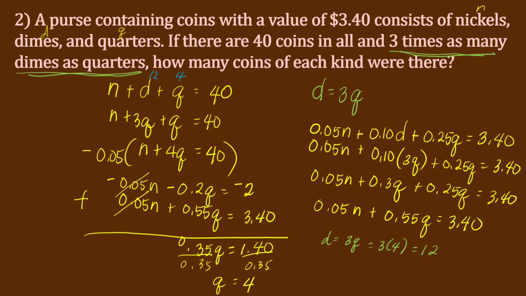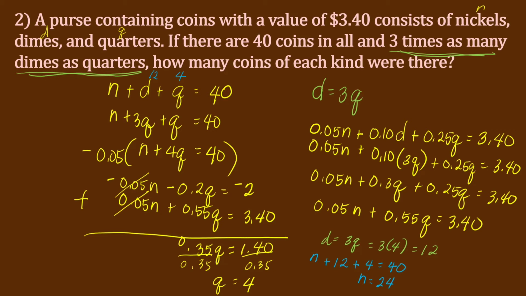Now, we can actually write it like this. N plus the number of dimes, which is 12, plus the number of quarters, which is 4, is equivalent to, all in all, 40 coins. So, solving here, we transpose the other constants, and then we are left with 40 minus 16, which is 24.